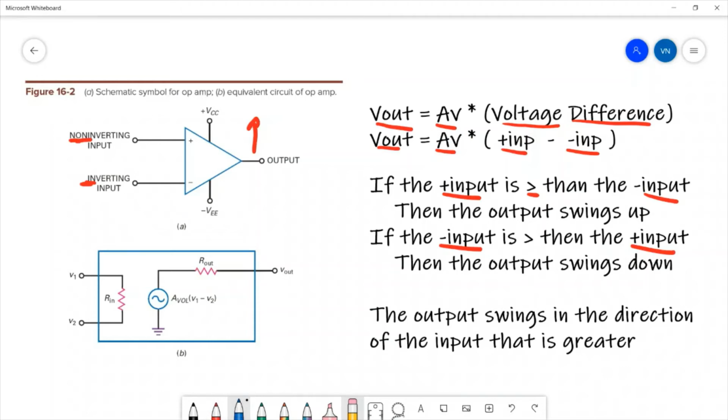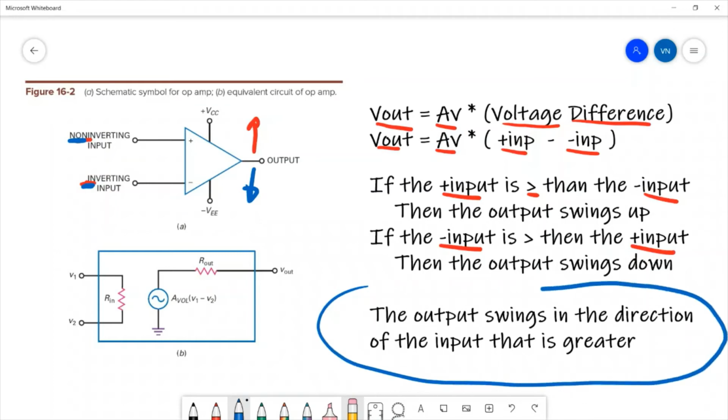That is, if the inverting input is bigger than the non-inverting input, the output is going to swing down. I like to put that into a basic rule: the output will swing in the direction of the input that is greater. If the non-inverting input is greater, the output swings up. If the inverting input is greater, the output swings down.